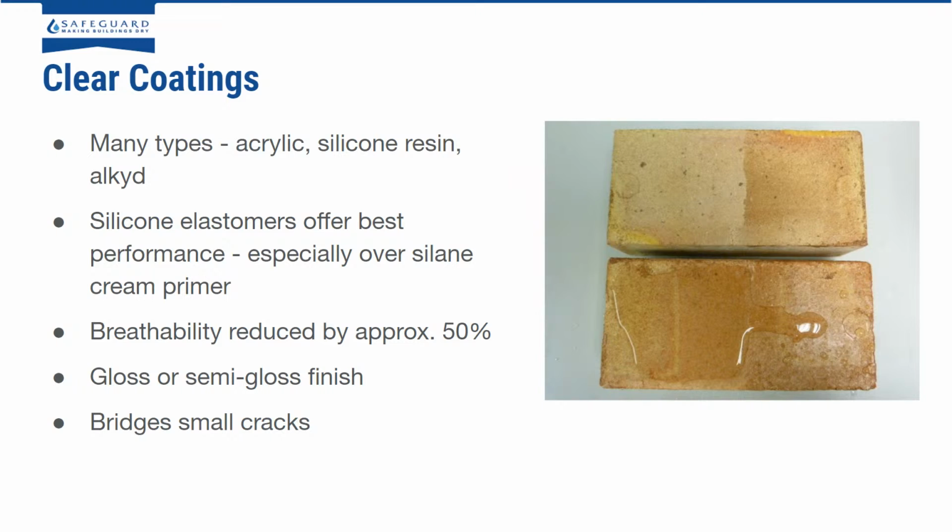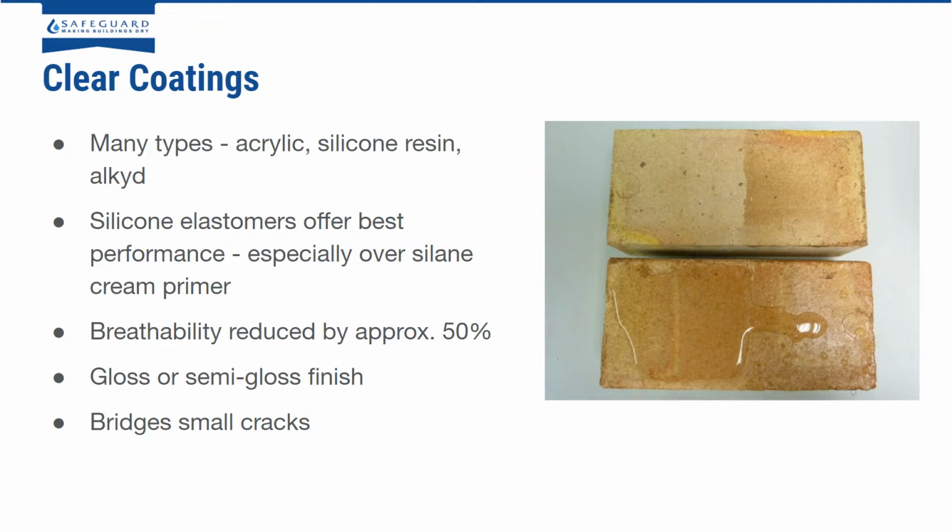And the other alternatives out there are clear coatings. There are many types. There are acrylic, there are silicone resins, and there are alkyd types. There are also silicone elastomers, which offer the best performance. These are especially useful over the silane cream primers.